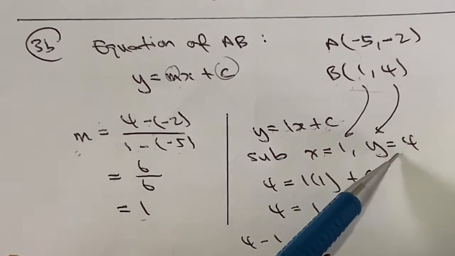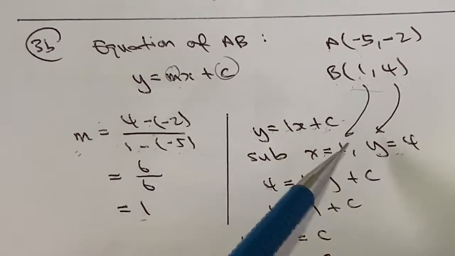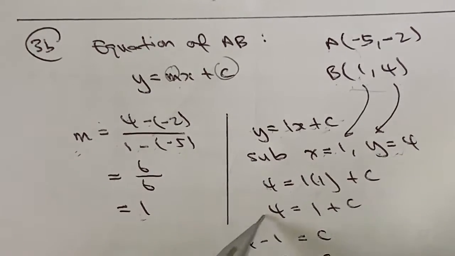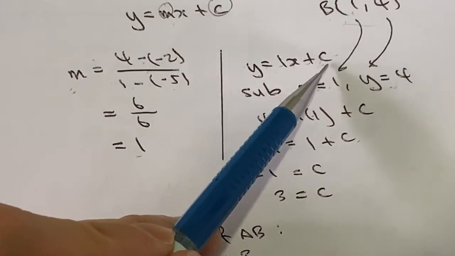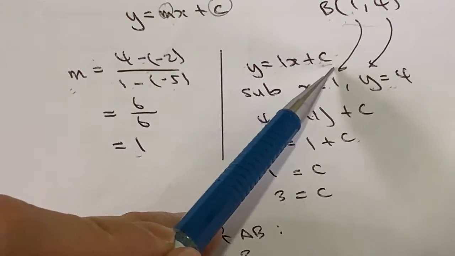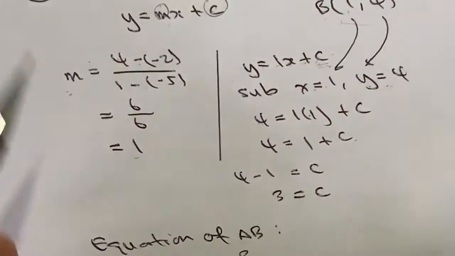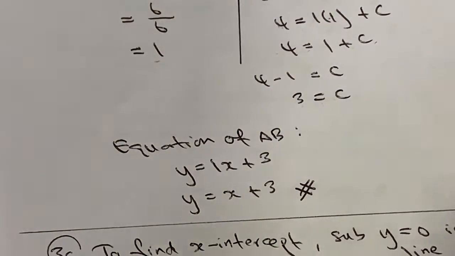So 4 replace y here, and then 1 is replacing x. So 4 equals to 1 plus c, and I will get a value of c equals to 3. So final answer, this c here now becomes 3. So y equals to 1x plus 3. And the final answer will be y equals to x plus 3.